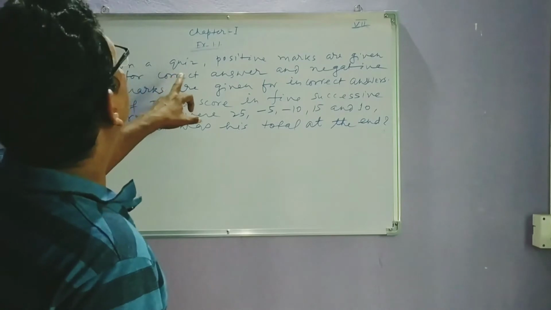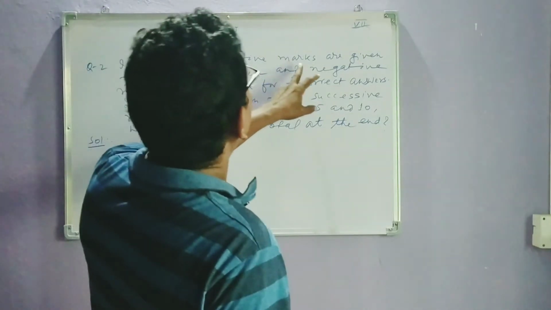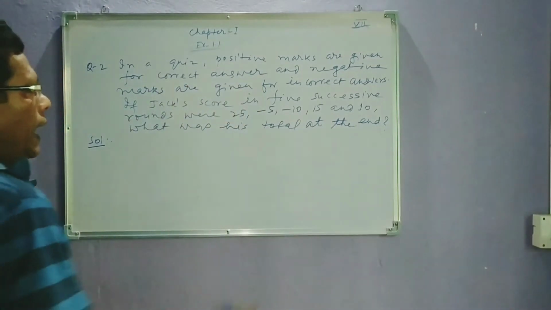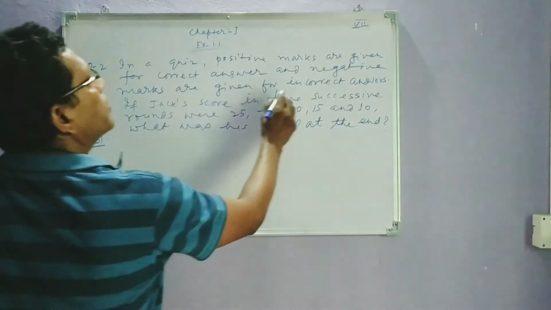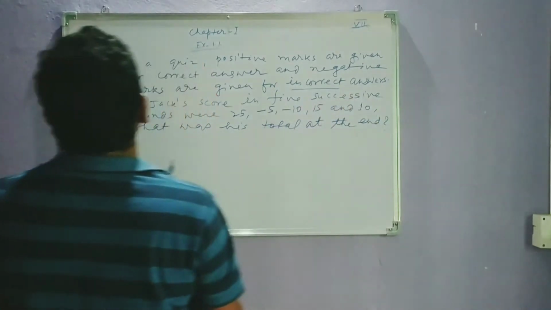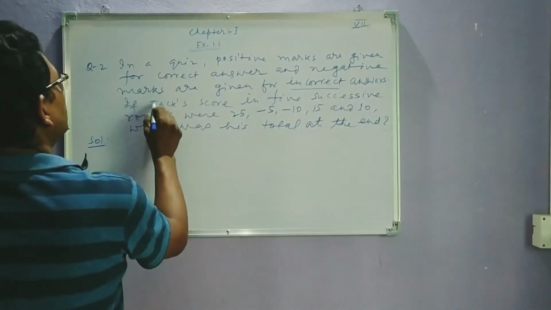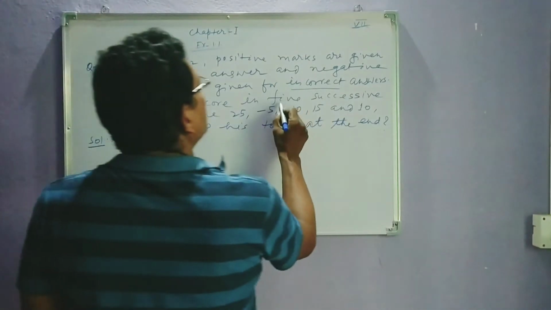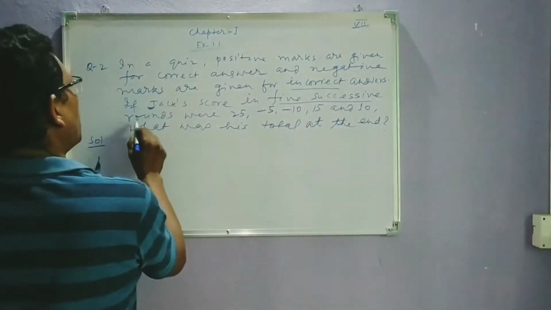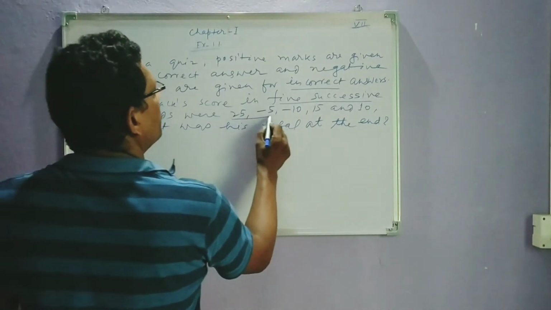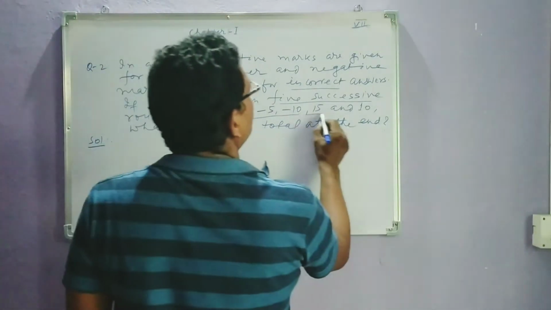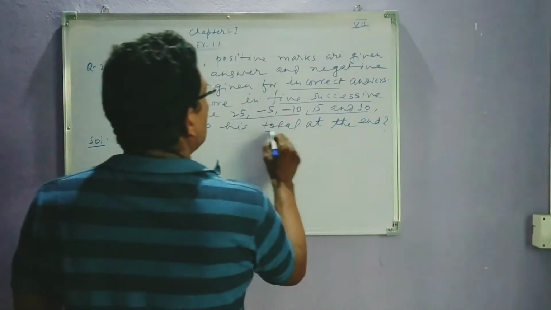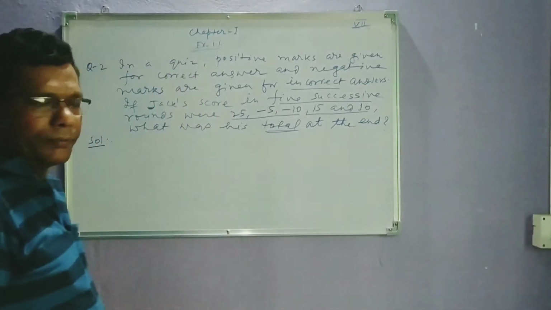In a quiz, positive marks are given for correct answers and negative marks are given for incorrect answers. If Jack scored in 5 successive rounds 25, minus 5, minus 10, 15 and 10, what was his total at the end?